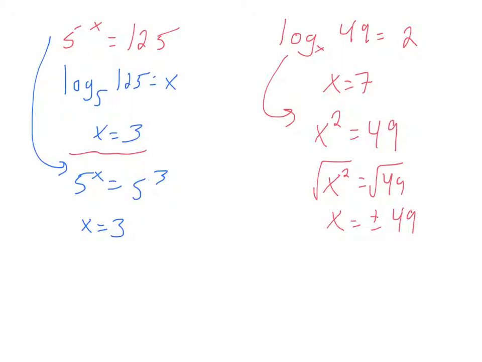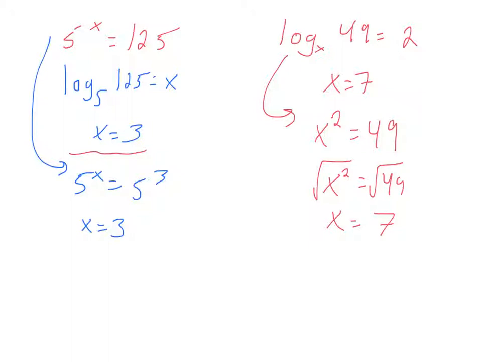To have a negative base of a logarithm is sort of a weird thing, just like having a negative base of an exponent is weird, because negative 7 squared is 49, negative 7 cubed is going to be a negative number, negative 7 to the 4th is going to be a positive number. And so exponential functions with negative bases are really bizarre because they flip back and forth. They're very strange functions, and so we don't really deal with them. So we're just going to take the positive 7 for this one. So that's another way you could do it.